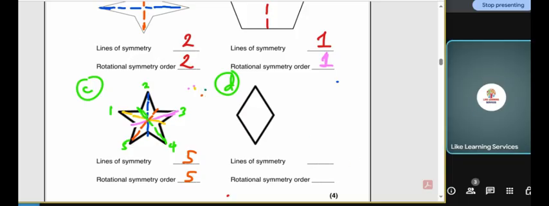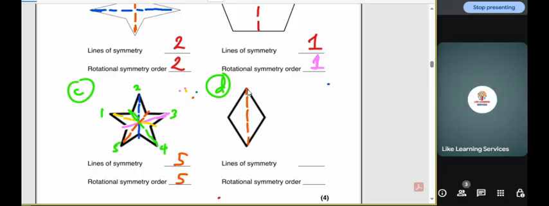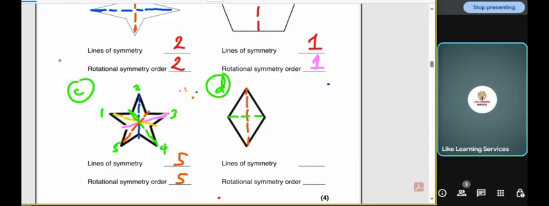Okay. I need you to do the second one. Yes, D. What's the answer? Can you still hear me? The lines of symmetry are 2. 1, let's see. 2. Is there no other one?